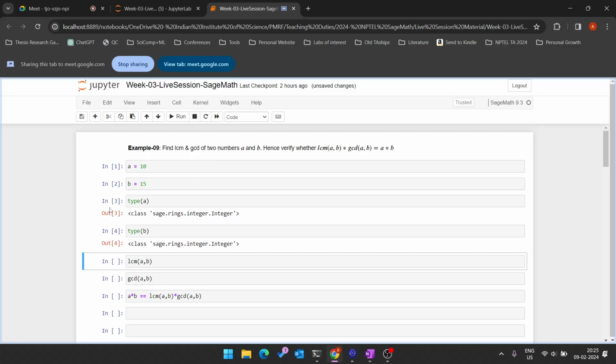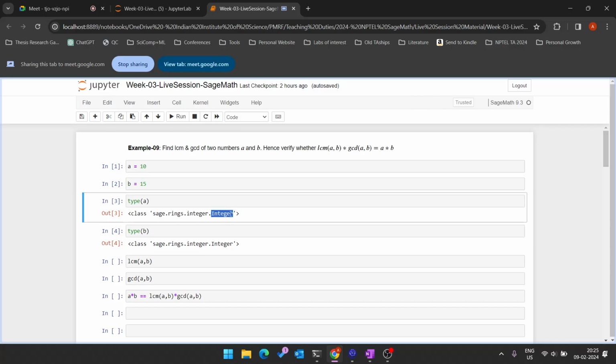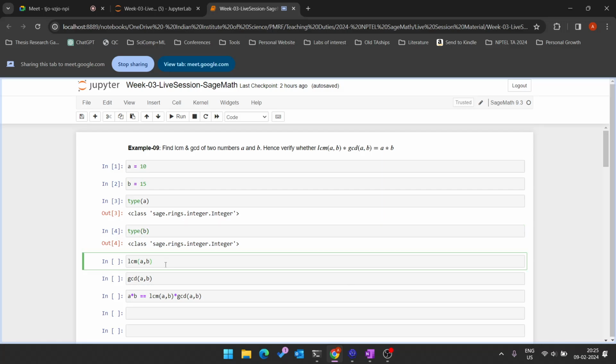And if I look at the type of A, as we have seen in the class, it's sage.rings.integer.Integer. This is the class that is active once we provide SageMath with an integer.